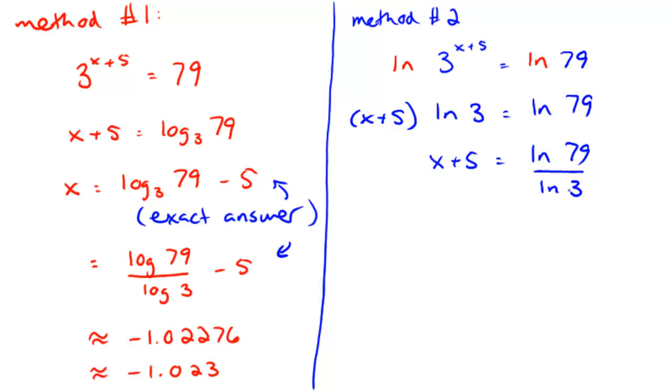Notice how we could have used logarithms here instead. And then we get that, solving for x, x is equal to ln of 79 over ln 3, minus 5, which again is an exact answer.